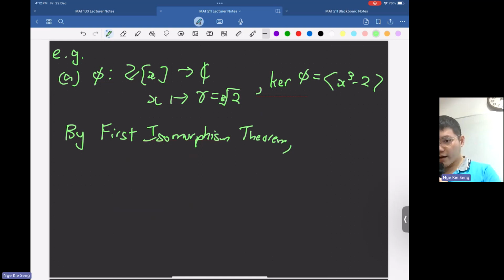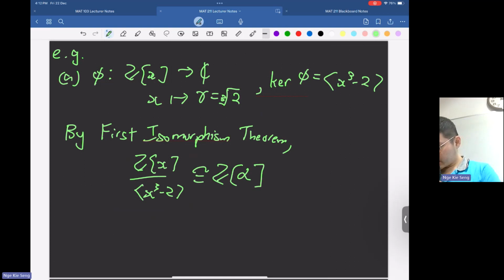Okay, similar to what we have done just now, this quotient ring here is isomorphic to Z adjoin gamma. Okay, what's this map? Just now Mingxiu told us this map, right? You just send x to gamma.